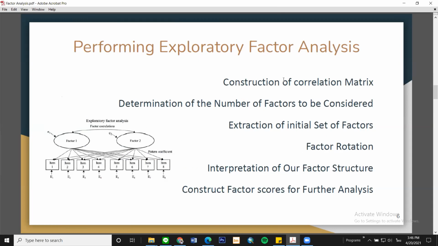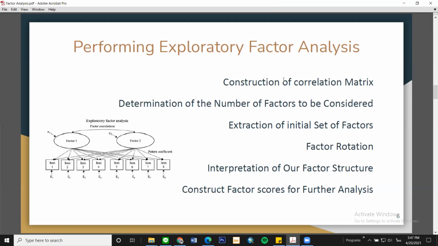Each measure is linearly related to each factor, which is called factor loading. It is similar to standardized regression coefficients. To reverse the scale of a factor, multiply the loadings by -1. The last step is constructing factor scores for further analysis.